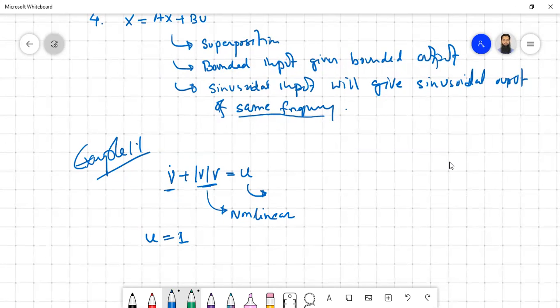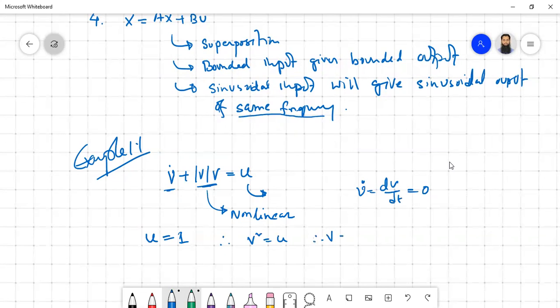For the steady state, you know that v dot, which is dv by dt, should be equal to 0, since at steady state there should not be any rate of change. So our output will be v square equal to u, and u is 1.